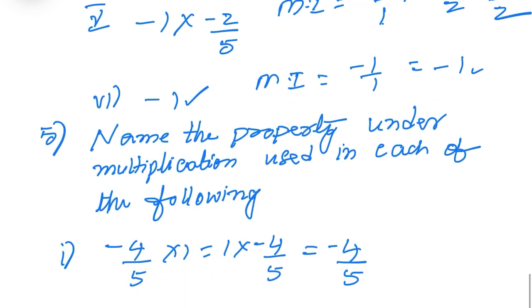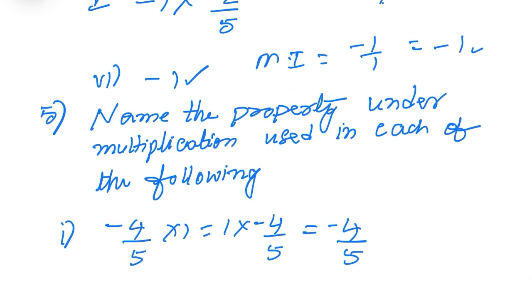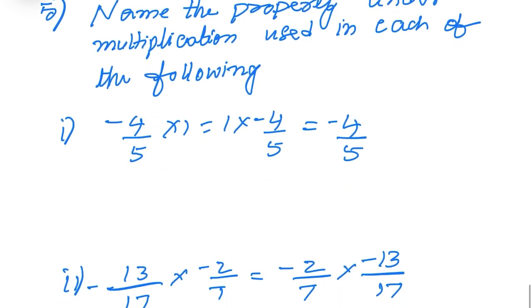Name the property under multiplication used in each of the following. There are some statements given. What is the property used under multiplication? Here you see minus 4 by 5 into 1 is equal to 1 into minus 4 by 5. If you consider this one as A, this one as B, A into B is equal to B into A. What is this property?